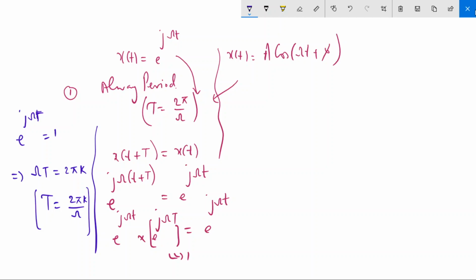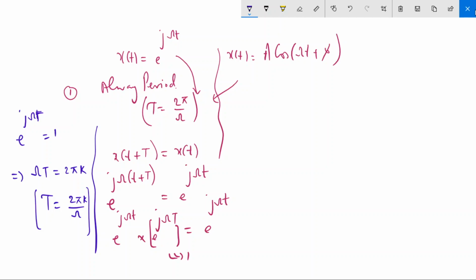This k can be an integer value. If k is equal to 0, your time period will become 0. Time period 0 means its frequency will become infinite because omega will become 2 pi by T. So T equal to 0 you cannot take.